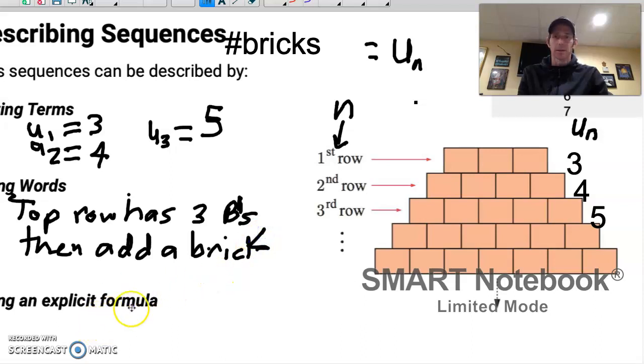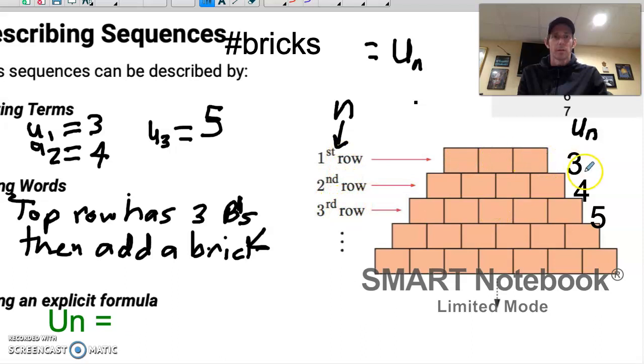And if I wanted to make an explicit formula out of this, and that just means writing an equation, that's what we're going to kind of get used to doing. My formula would be trying to base this value over here on this number here.